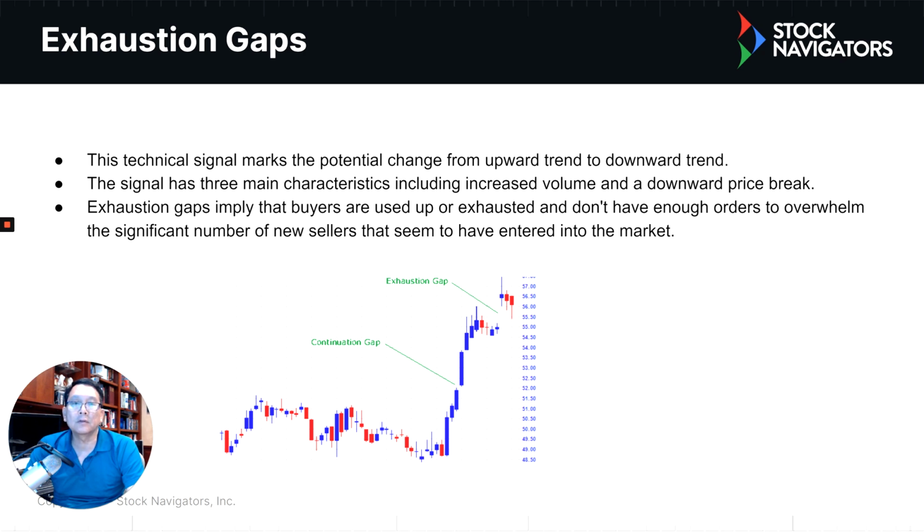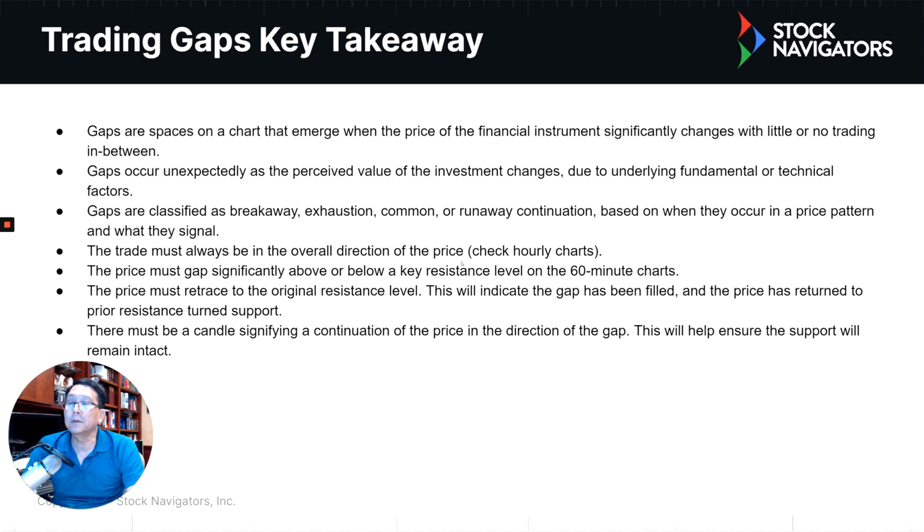So exhaustion gaps are probably the easiest to trade and profit from. Now, after the four types of gaps that I just introduced to you, this is the key takeaway when you are trading gaps. Gaps are spaces on the chart where the price of a financial instrument changes significantly with little or no trading in between.